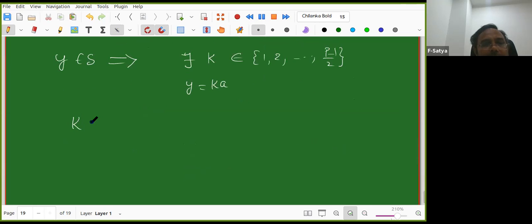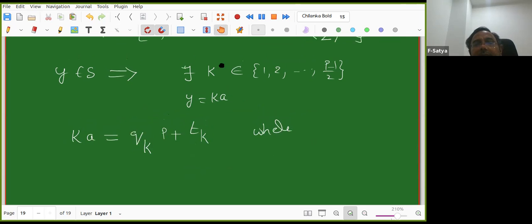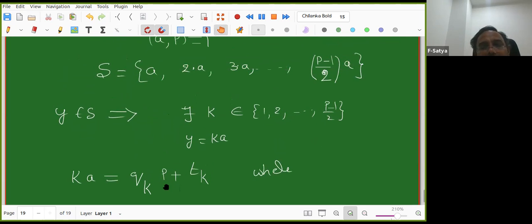Now I take ka and divide it by p. So if I divide it by p, then it is qk into p plus some tk. Are you following? I take any element in S and divide it by p by the division algorithm, so there is a quotient and remainder.